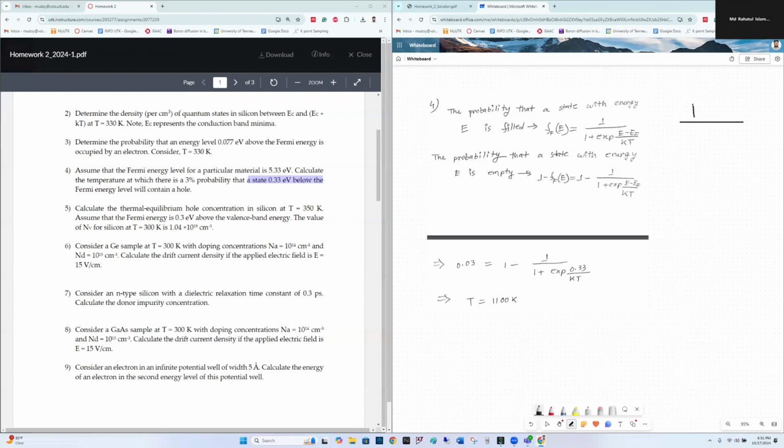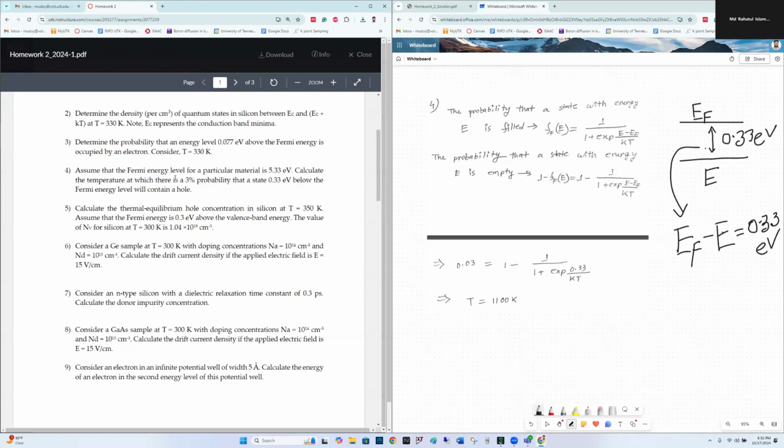So this is EF, the Fermi energy level, and the energy level we're talking about is 0.33 electron volt below. So this is the energy level E. What can we write from this? We can write EF minus E is equal to 0.33 electron volt, right?